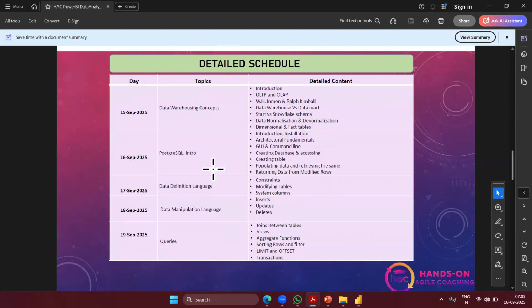And if you see, in the first week, we are going to focus on data warehousing and majorly on PostgreSQL. Our objective is to learn more about SQL, structured query language. Why SQL? Because just like English is a universal language, when you know English, we can manage in the majority of countries, correct?